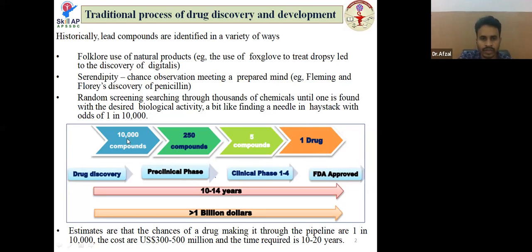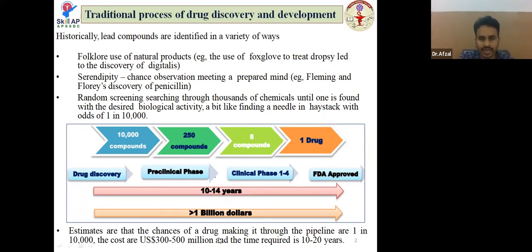So in order to find one drug molecule, it requires a lot of energy, time, and money. Screening 10,000 compounds in experimental animals is not an easy thing, and ultimately only one drug is approved by the FDA.